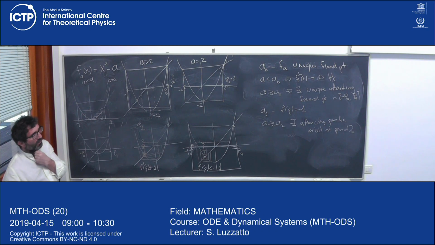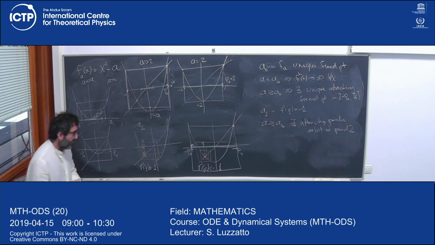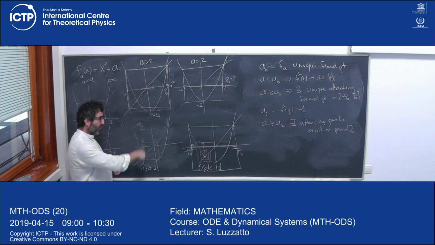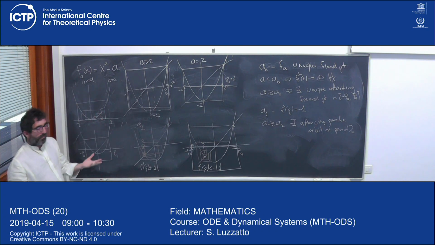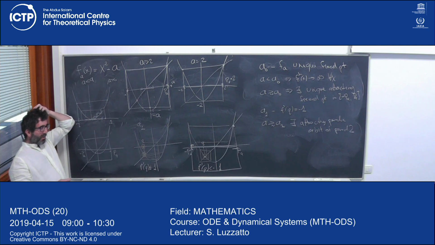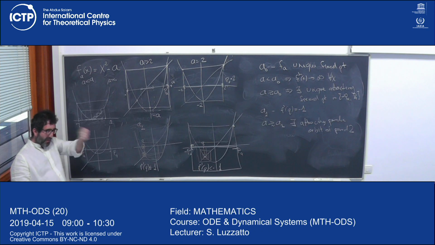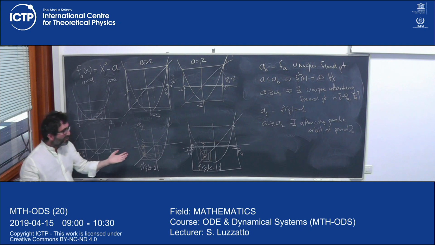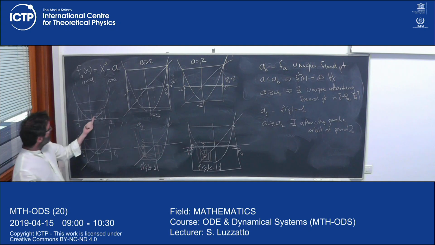And then again, I don't want to spend the whole lecture on this, but the interesting thing is there is another sequence. If you draw the graph of the second iterate of the map, you can see that this periodic orbit of period 2 is a fixed point for the second iterate, of course, and this fixed point, as you change the parameter, undergoes exactly the same kind of bifurcation.